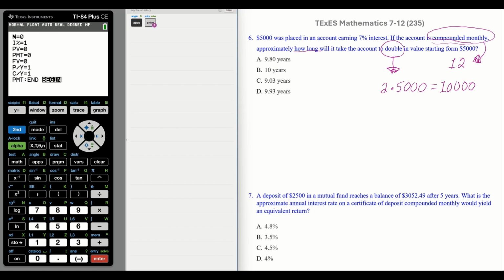Now, time. We are going to leave that at 0 because time is part of the n. Remember, that's your compounding times your n, and we can't enter that in that manner. We can't say 12t or t12. We can't do that like in the other problems. So let's leave it at 0. We don't need to. Anyway, doesn't matter. Right now, enter your 7%.